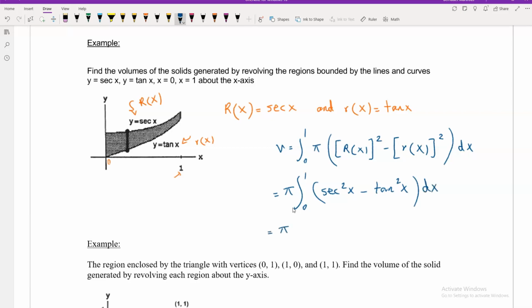So this is equal to pi times the integral of secant squared minus tangent squared, which is equal to 1, times dx.